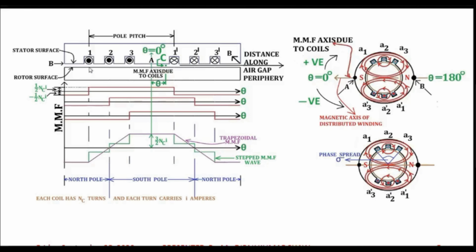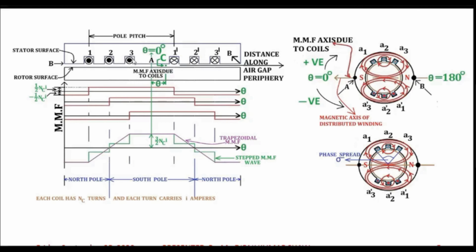You see, this is the center of slot number 1, this is the center of slot number 2. So the distance between slot number 1 and slot number 2 will be termed as one slot pitch. So the MMF distribution for coil 2 dash is starting from the center of slot number 2. So it is phase shifted by one slot pitch with respect to the MMF distribution of coil 1 dash.